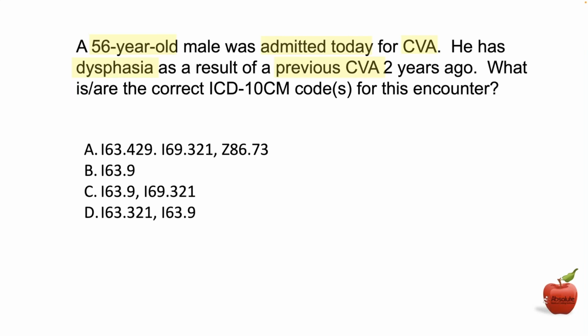And if you're wondering, should I code that? If it's pertinent, you should code anything pertinent. And I think if they had a previous infarction and they had dysphagia today as a result of that infarction, and today they have a new infarction, you better believe it's pertinent. So, yes, you will code it.